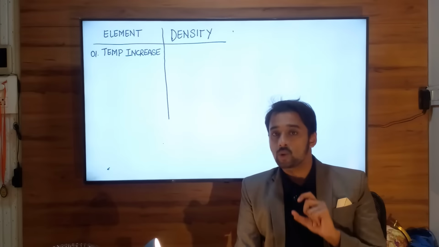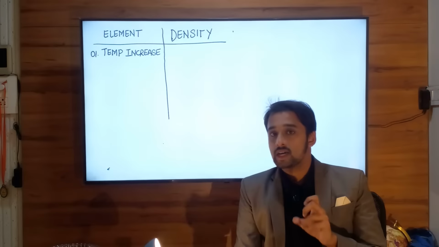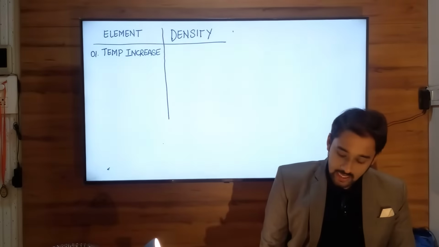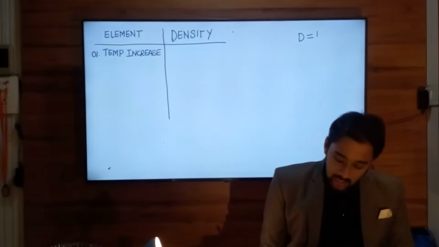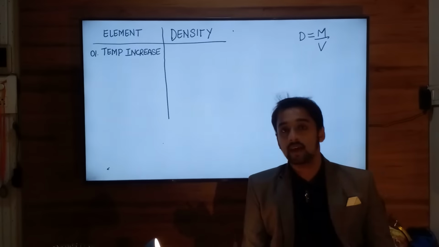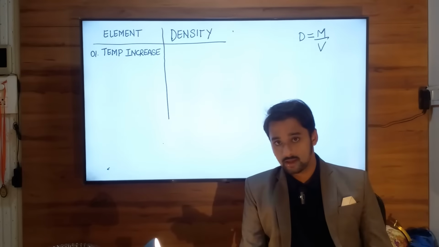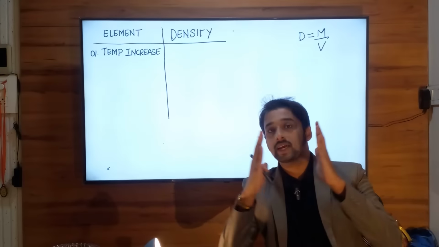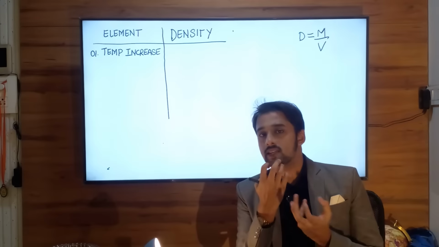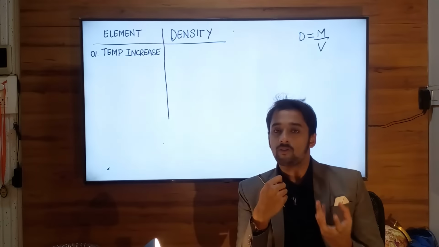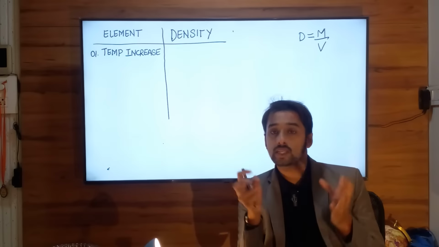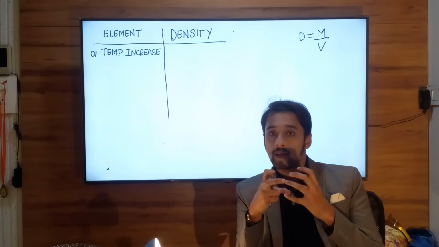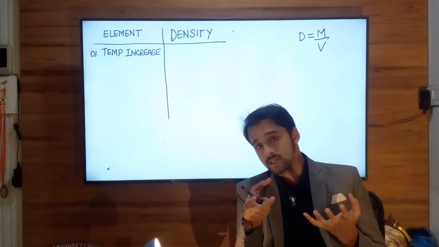When it gets heated up, its volume increases. As a result, its density will decrease. Density and volume are inversely proportional. So when the volume of an object increases, what is density? The concentration of particles, or how closely packed a substance is.